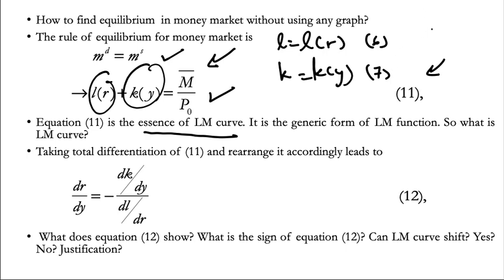And we know that for number 6, delta L over delta R is actually what? It's actually negative, isn't it? So negative. And for the second one here, this number 7, expression 7, delta K over delta Y is actually positive.